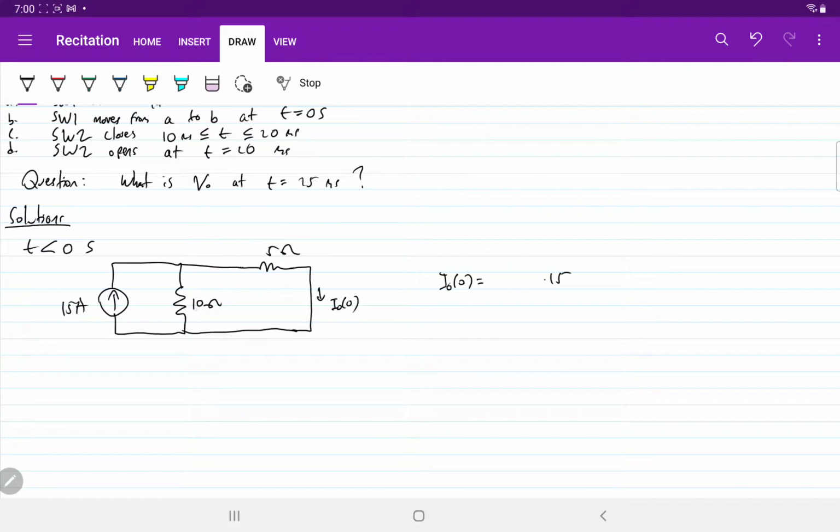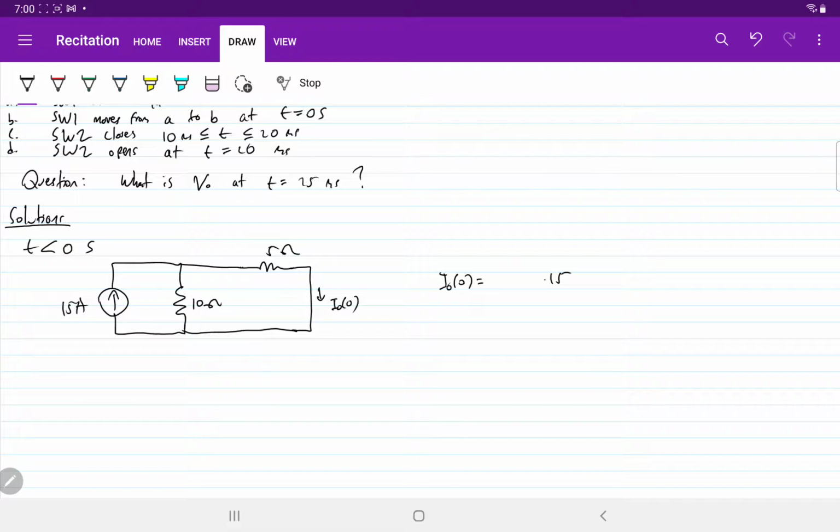But since this resistor is 10 ohms and the other is 5 ohms, the current flowing through this 5 ohm resistor has a greater value, because 5 ohm has less resistance than 10 ohm.